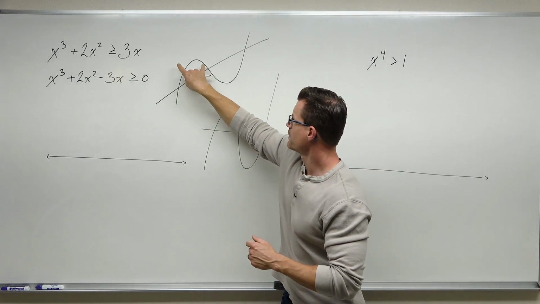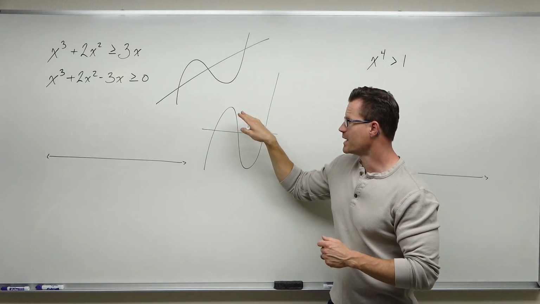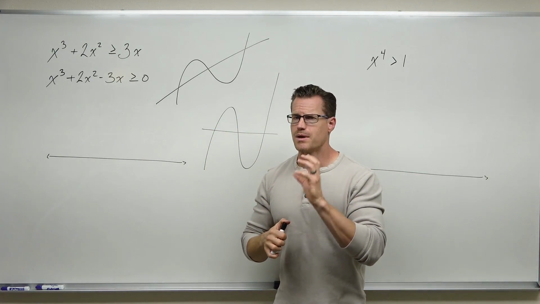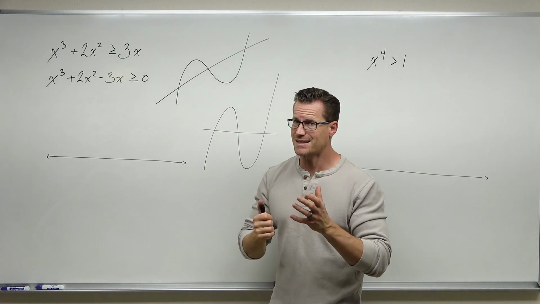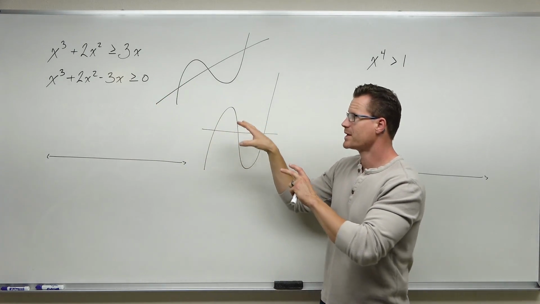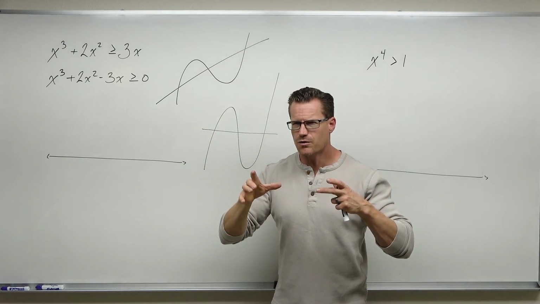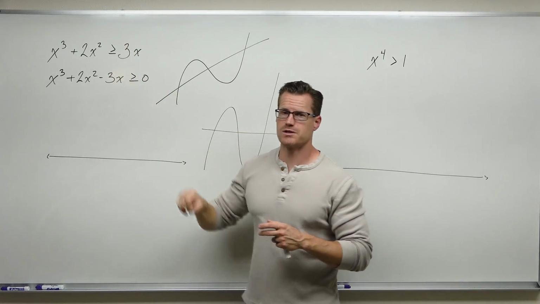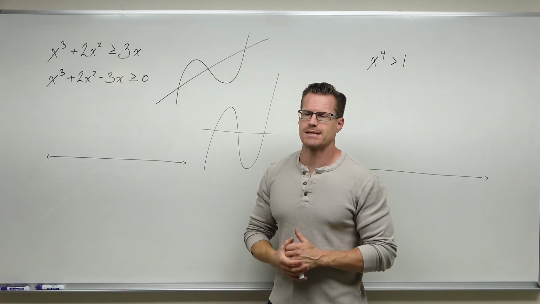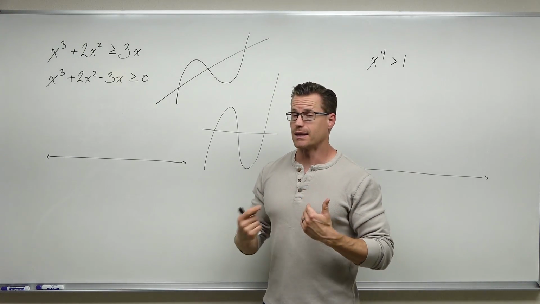So where this function is above the line is where a different function is above the x-axis. Different look, but the same interval of the x-axis. That's kind of neat. Making a little shift in our idea that changes the look of our picture, but getting the same interval of inputs that causes both of these to be true. They will have the same solution set.